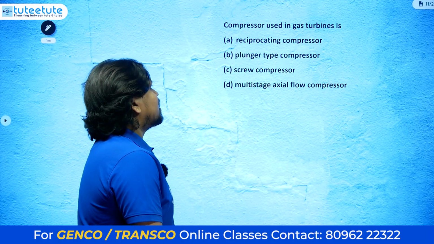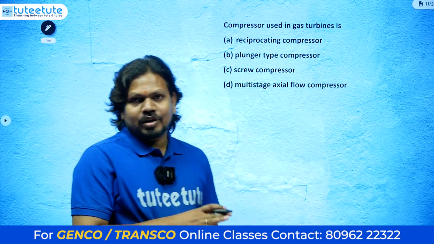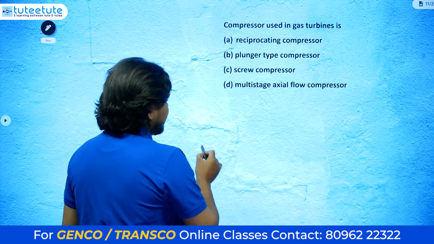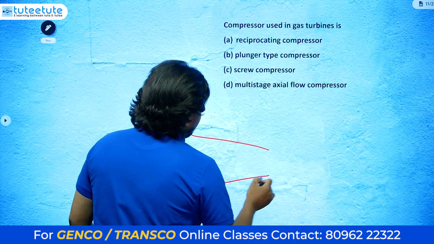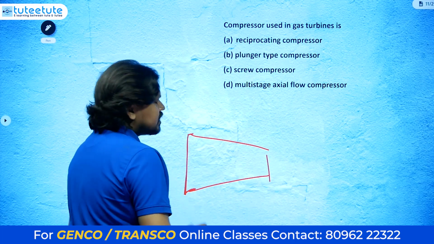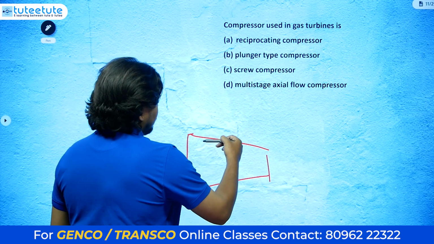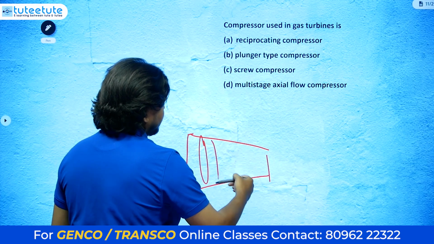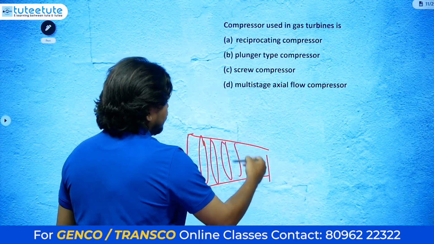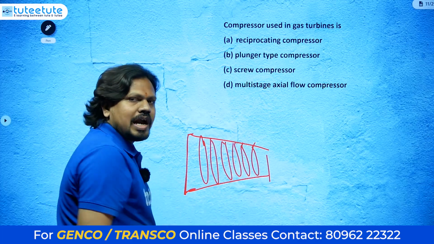Next one, the compressor used in the gas turbine is? Okay, this is a very simple question. If you see the class, I will be giving one compressor like this. In the first slide only I have given that, and you can even see it on our YouTube also. Here certain blades will be there, here certain blades, here certain blades. So what are these? It's not one compressor.